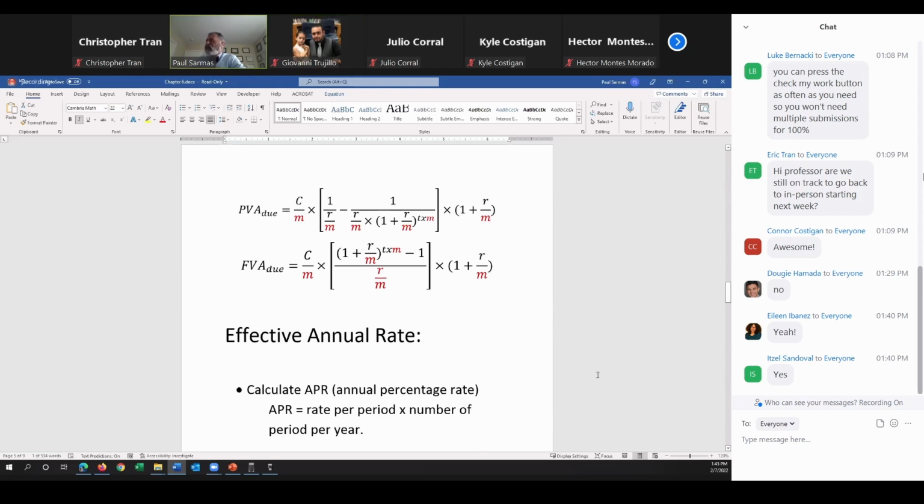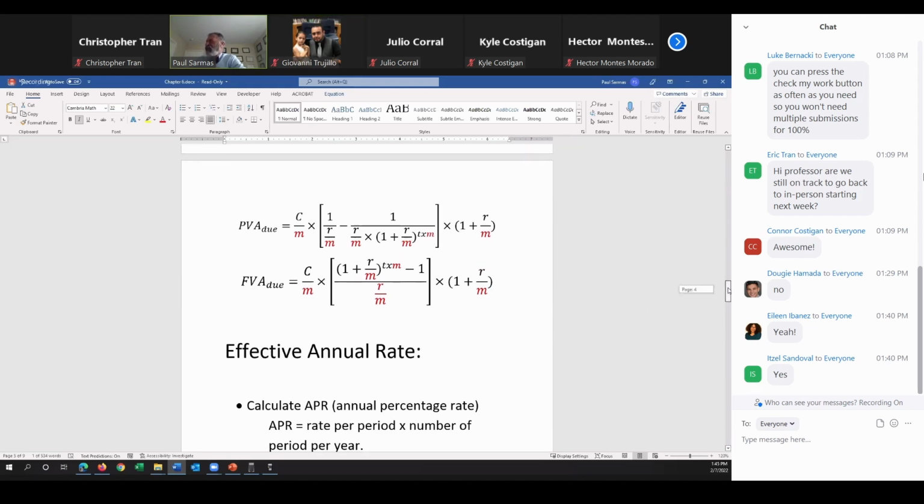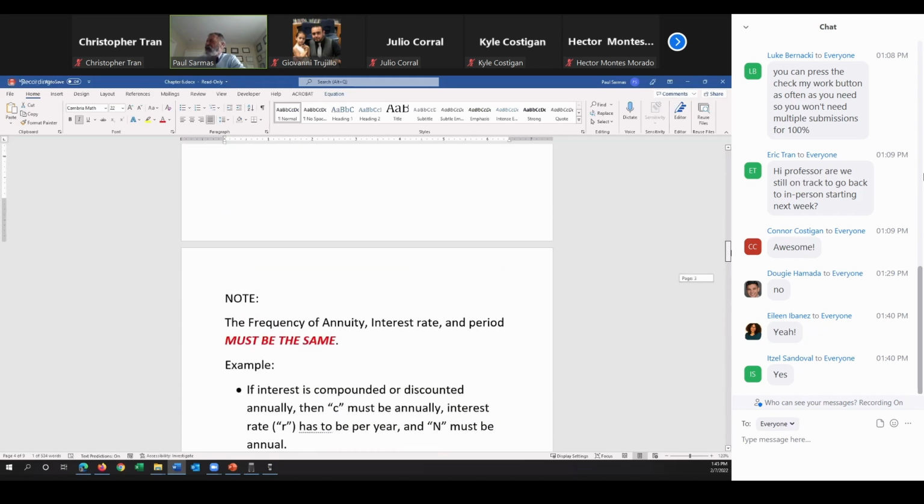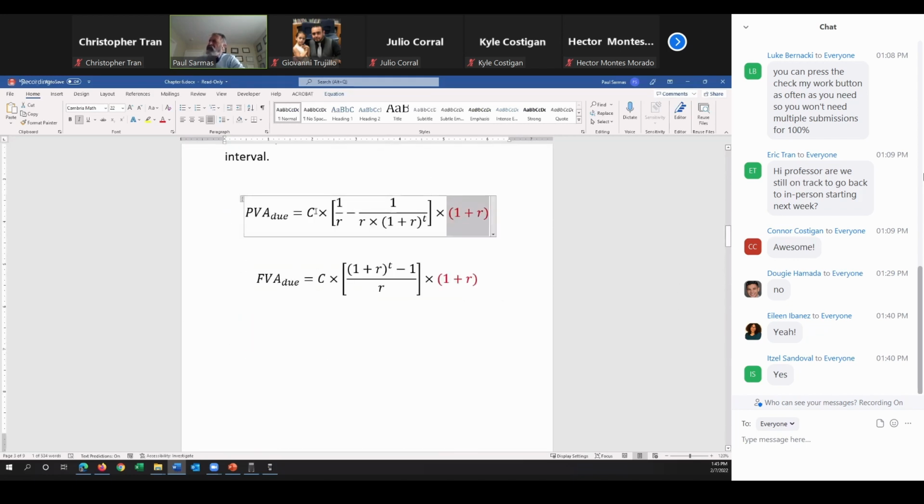So the formulas will change like this. Notice I said divide C by M, divide R by M, divide N by M. So the formula up here, you divide each variable by M and you multiply T by M. This formula will look like this, the annuity due.